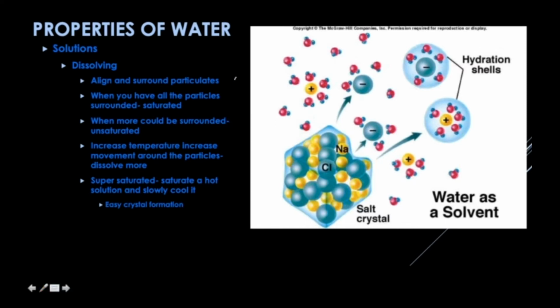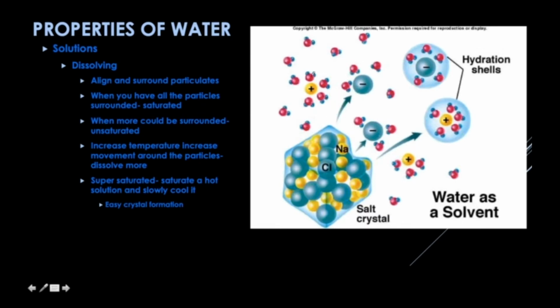So when we have a salt crystal, when you put this on your eggs or put this in some sort of liquid, the salt will actually dissolve into whatever water-based substance you have. And the way this works is whenever something dissolves, water, in this case, will align and surround the particulates, in this case the ions.